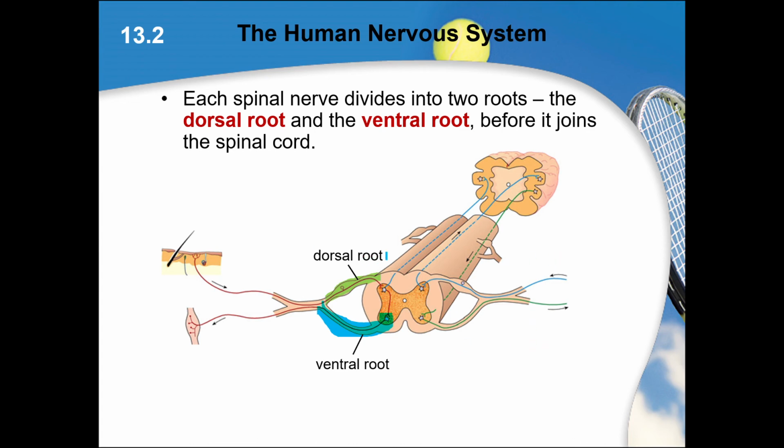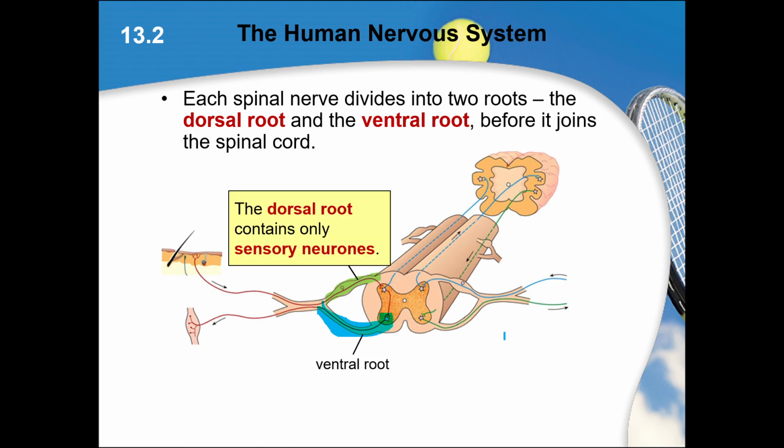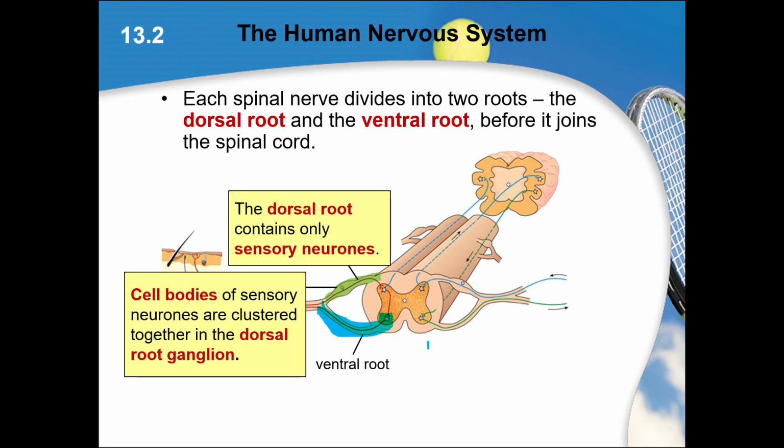So you must be able to highlight where the dorsal root is and where the ventral root is. The dorsal root contains only sensory neurons, and you know it because of the position of the cell body.